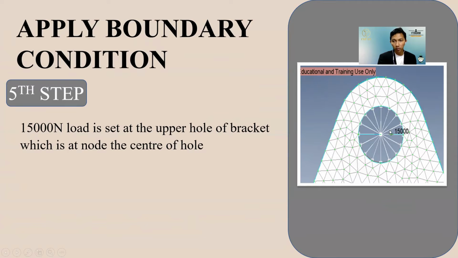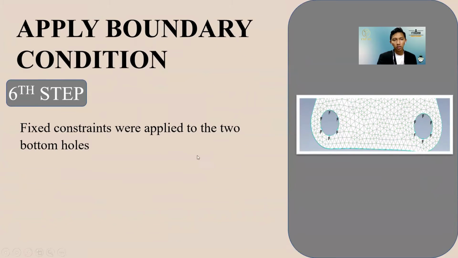As we can see, there's a force, or we can call it a load, on the center node. The fixed constraint will apply to the two bottom holes. In our bracket there's a hole at the upper and there are two holes at the bottom part. So we fix that.